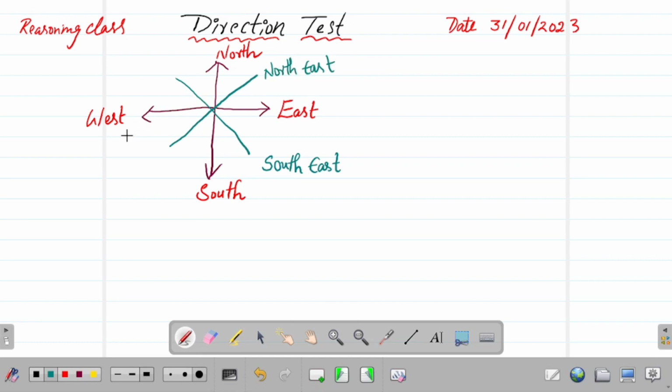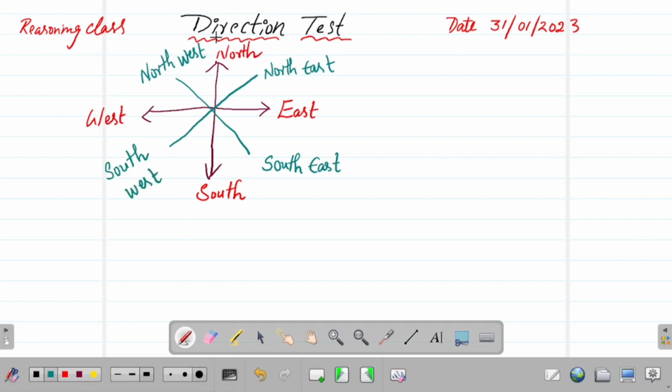Next, the direction between north and west is called northwest. The direction between west and south is called southwest.